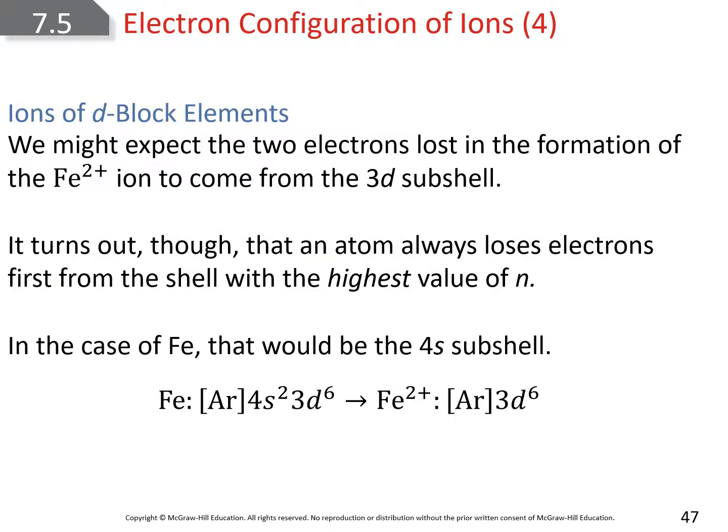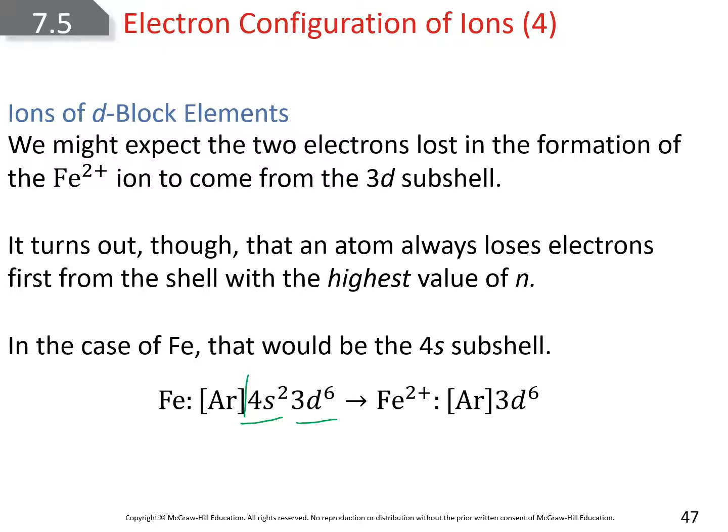D block elements, I'm not very concerned that you understand how and why they lose their valence electrons, but understand that even if an electron is written first before something else, it doesn't mean it's the outermost. It doesn't mean that it's going to be the one that is lost, or maybe it does. If you remember with transition metals, 4s2 is written first before 3d6, and that's because the d sublevel is a higher energy than the s sublevel.